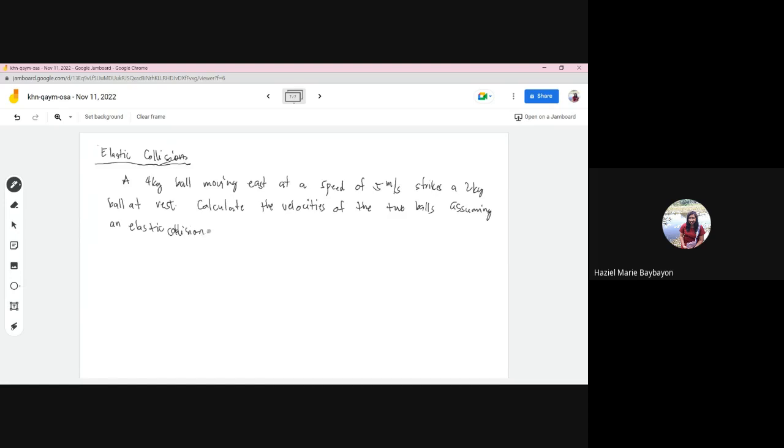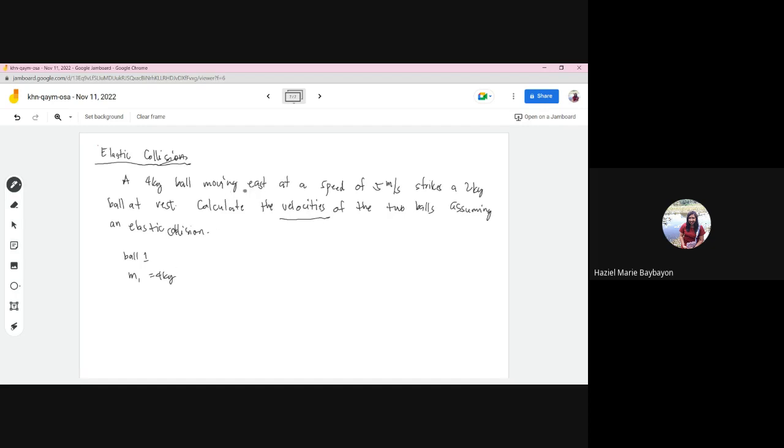Okay, so we have this problem wherein we are asked to calculate the velocities. Since it is elastic, meaning to say, we will look for more than one velocity, class. So, which velocity will we find? So, what we will calculate are the final velocities of the two balls. Okay? So, ball number 1 has mass M1 equals 4 kilograms, moving east.